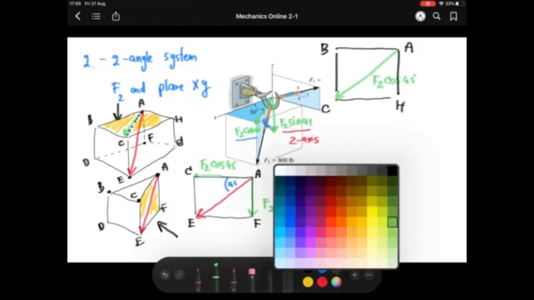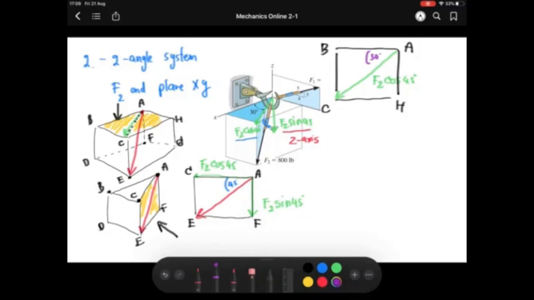The question gives us 30 degrees here, so we can find out this term as F2 cos 45 sine 30 and F2 cos 45 cos 30. So this one, AH, is along the y-axis, and this one is along the x-axis.